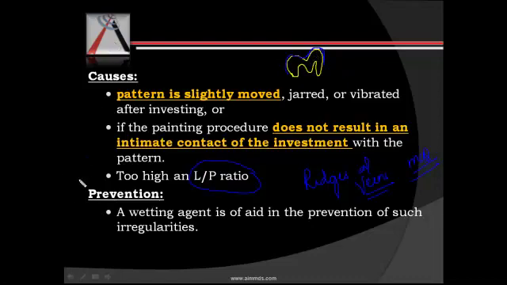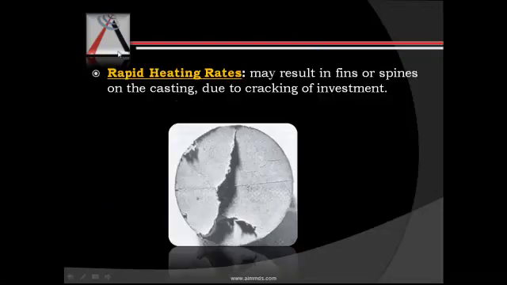The main thing is using a proper technique, and we can use a wetting agent as an aid to prevent such irregularities. So we saw the use of wetting agent in the prevention of nodules because of the air bubbles. Now we are seeing the use of wetting agent in the prevention of the formation of veins and ridges due to the water film.